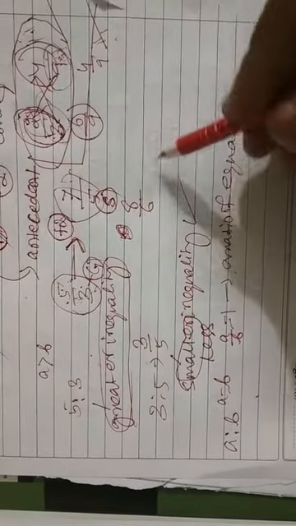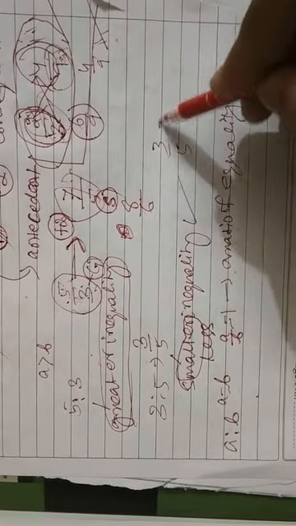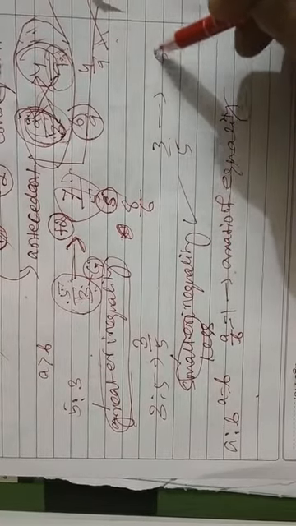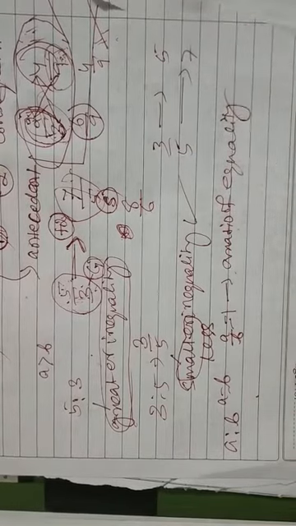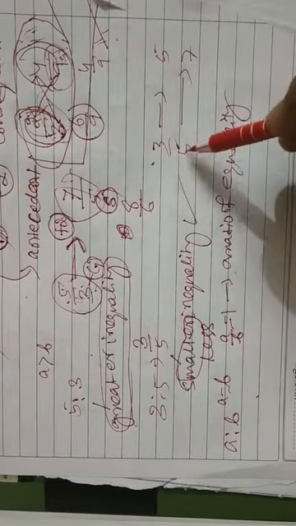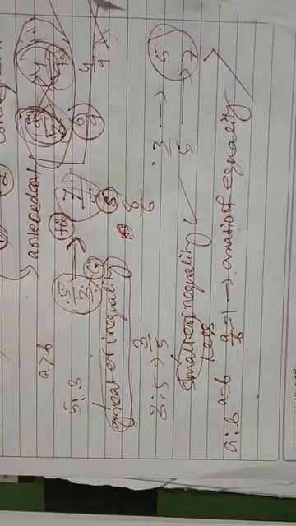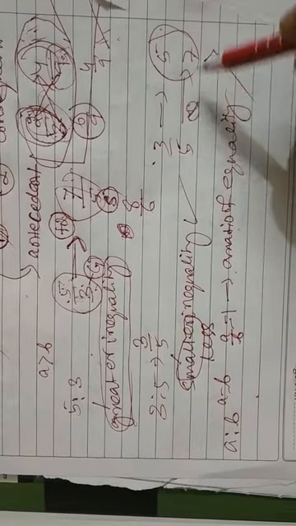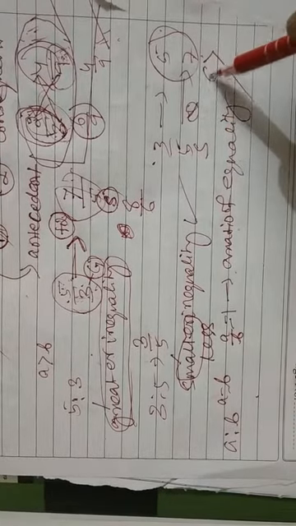What happens for a smaller inequality? 3 by 5, I add 2, I get 5 and 7. Now 21, 25, this one is greater. This is smaller, this is greater.